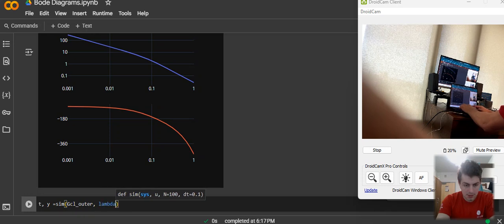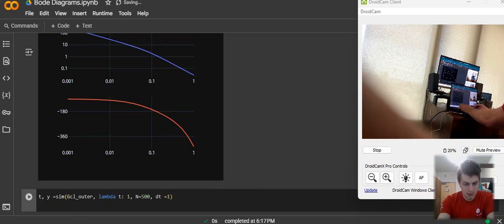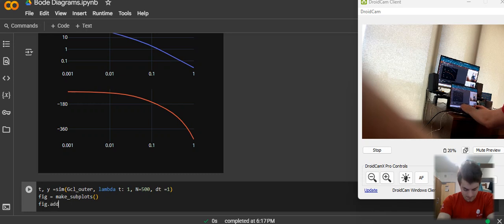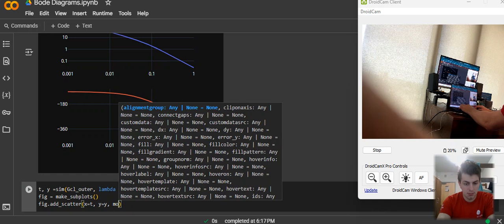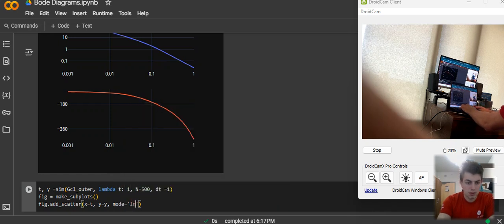Then use a lambda t here. 1 n equals 500. Equals 1. Well, we can make 1, I guess. And then make another figure. X equals y y, mode equals lines.